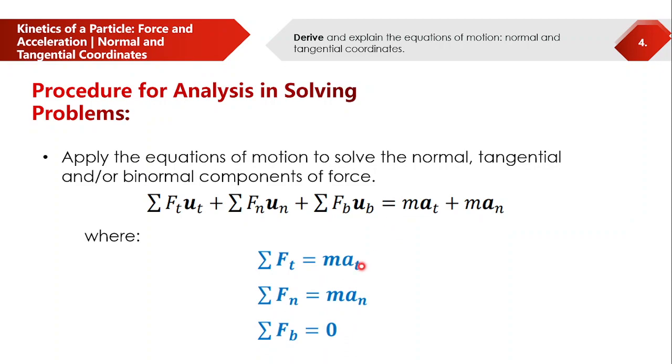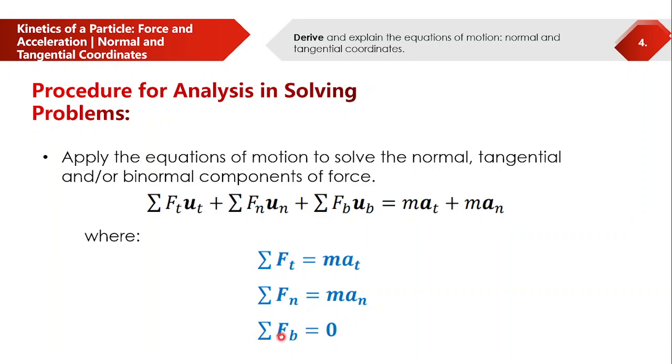So, scalarly, the sum of all forces along the tangent component will be m times a sub t, that will be the tangential component of acceleration. Another is, the sum of all forces along the normal component is equal to the mass times the normal component of acceleration.